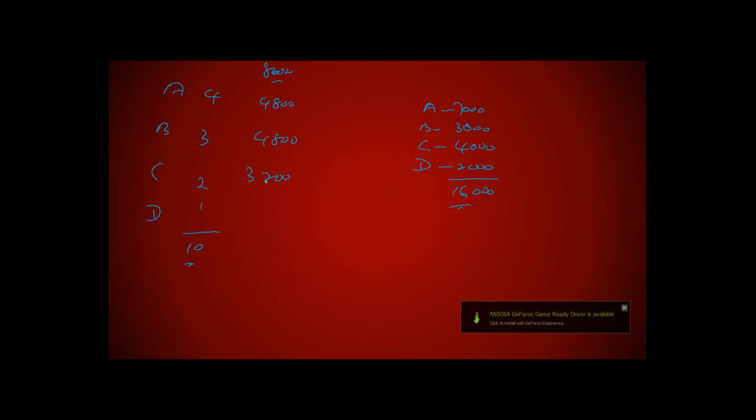And 1,600 for D. Now C and D I'm okay, even B is all right. Again, calculate your A and tell me. How did you get 4,800 for A?